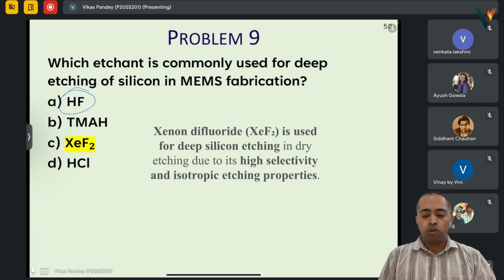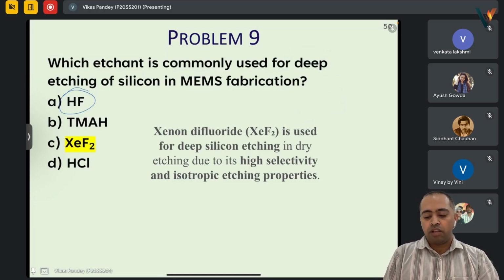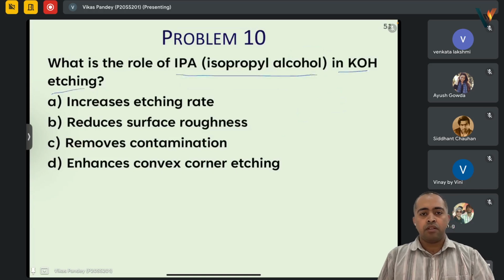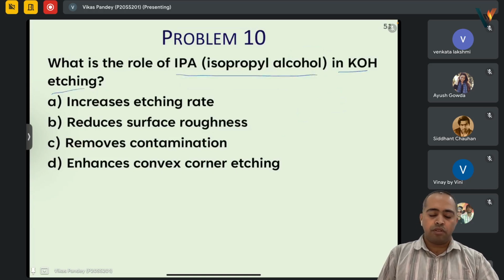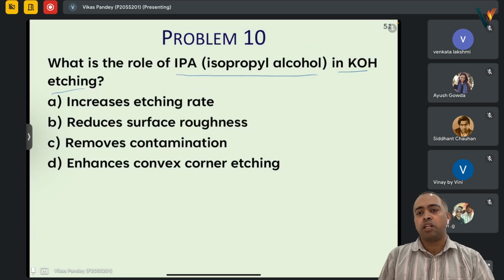What is the role of isopropyl alcohol in KOH etching? It has been discussed in the lecture that isopropyl alcohol is used along with KOH. Okay, so it increases etching rate, reduces surface roughness, removes contamination, or enhances convex corner etching.